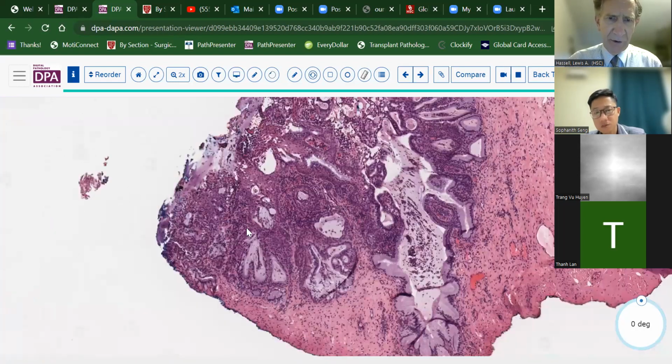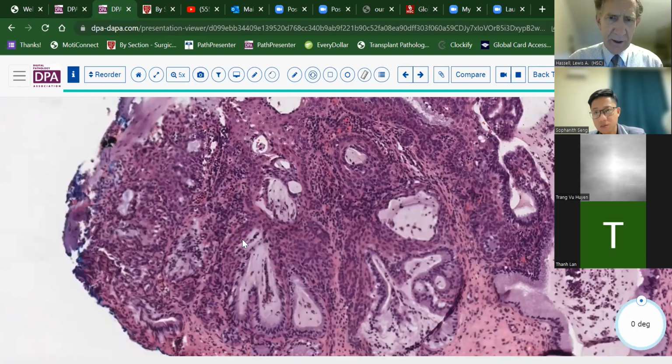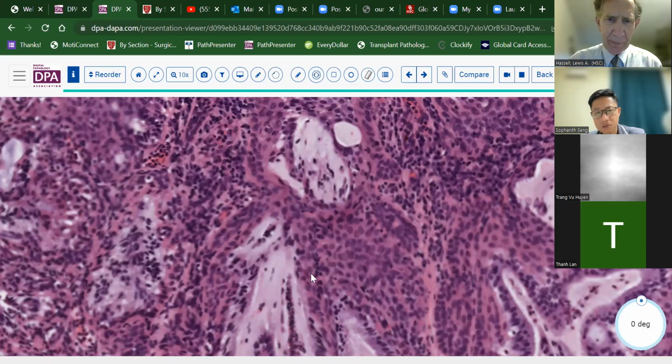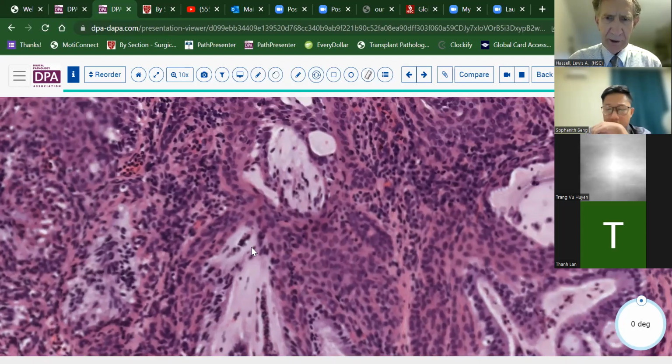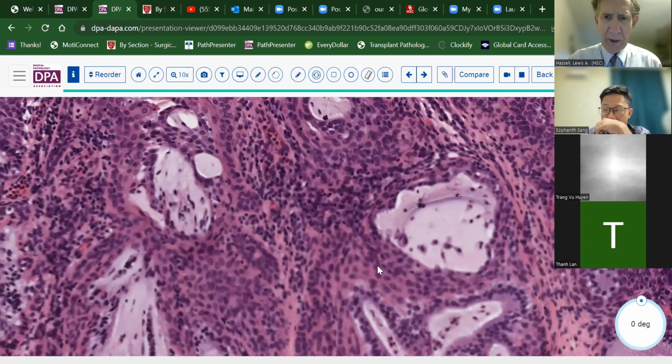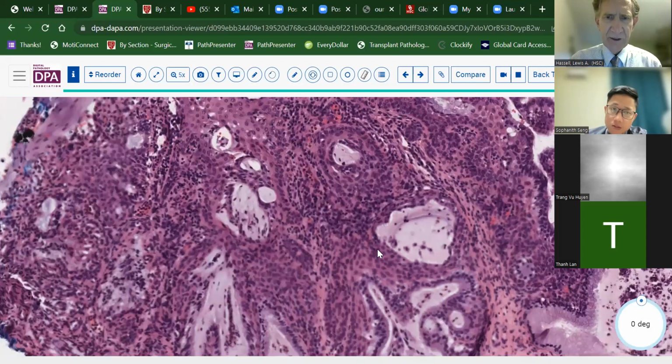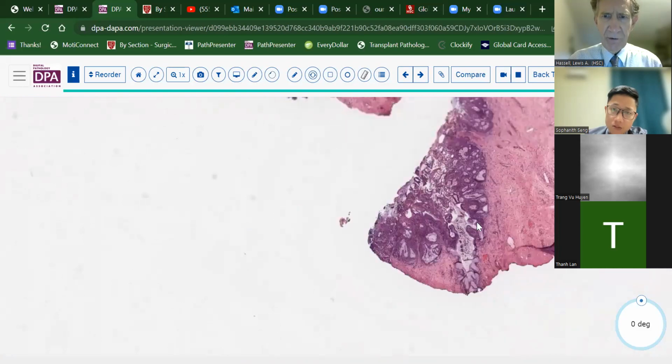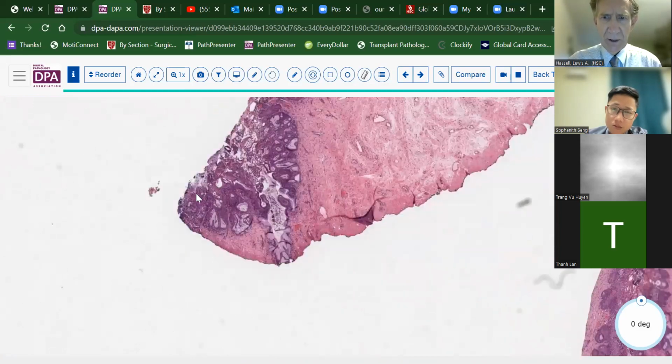Looking around a little bit further, again, we see this squamous type material with some degree of maturation, somewhat surrounding or underlying some of these endocervical glands. We'll look at one of the other fragments here as well.